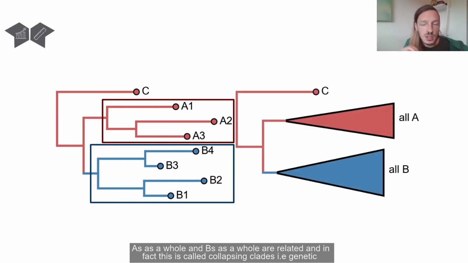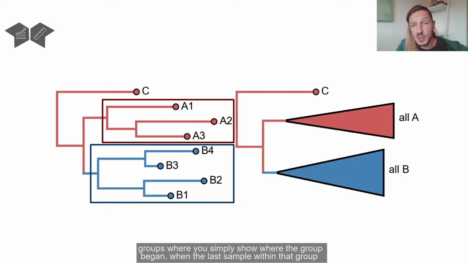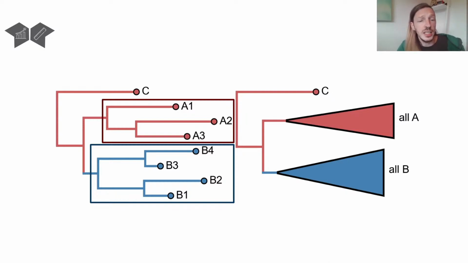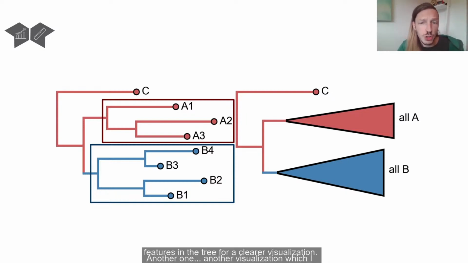And in fact this is called collapsing clades, i.e. genetic groups, where you simply show where the group began, when the last sample within that group exists, and essentially how many samples exist within the collapsed clade. And this is a very standard approach where you have essentially just sacrificed a couple of nested hierarchy features in the tree for a clearer visualization.